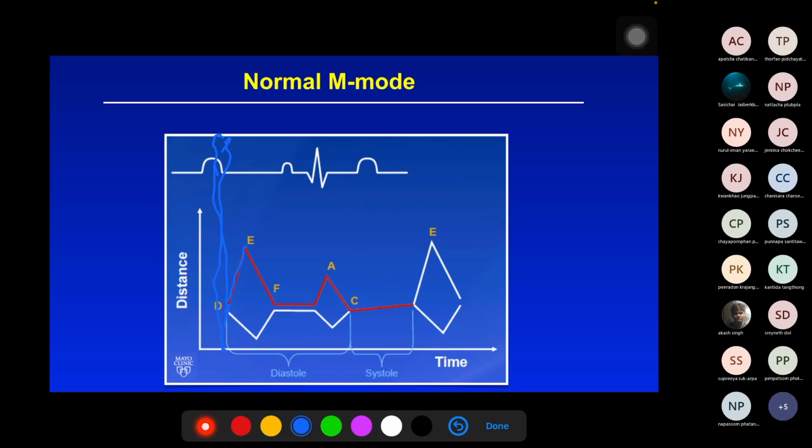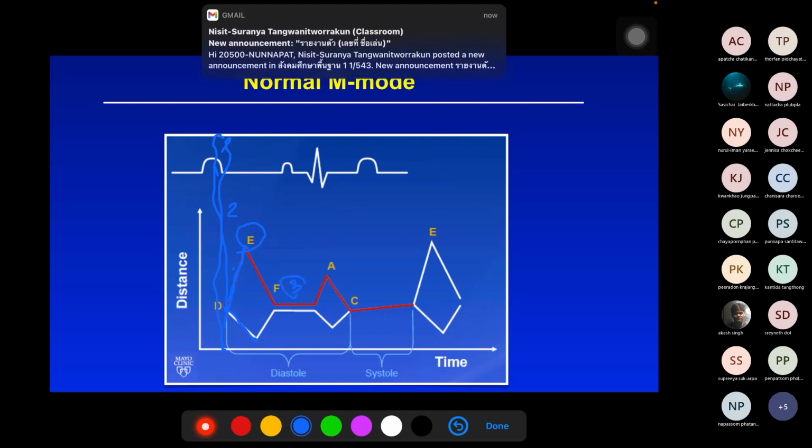Then the second phase, when the LV pressure is lower than the LA pressure, the mitral valve opens, both anterior and posterior leaflets. This second phase is called the E wave, or early rapid filling. When the pressure between LA and LV is equal, it starts the third phase, the diastasis that I told you.